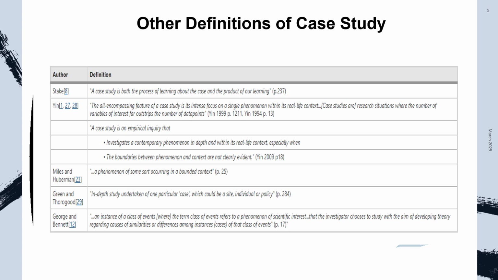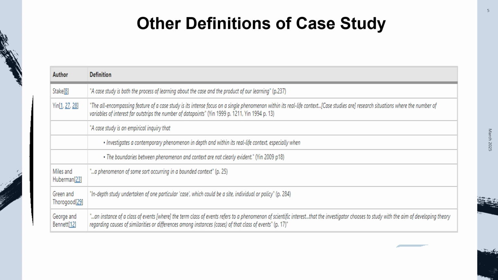And according to George and Bennett, it's an instance of a class of events, where the term class of events refers to a phenomenon of scientific interest that the investigator chooses to study with the aim of developing theory regarding causes of similarities or differences among instances or cases of that class of events.